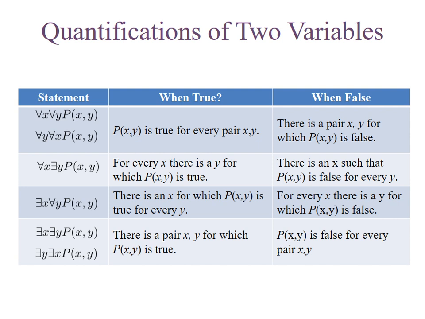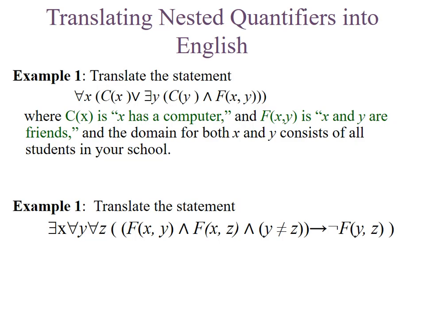If you cannot find that x, that means for every x you can find a y that makes it false. Maybe we will see this later because we are going to negate nested quantifiers. Okay, let's give papers to everyone.